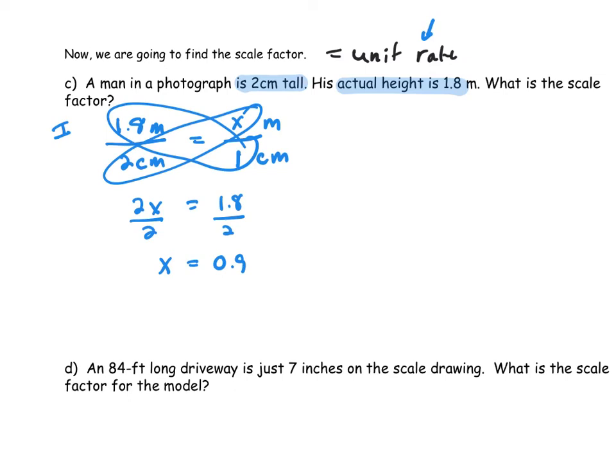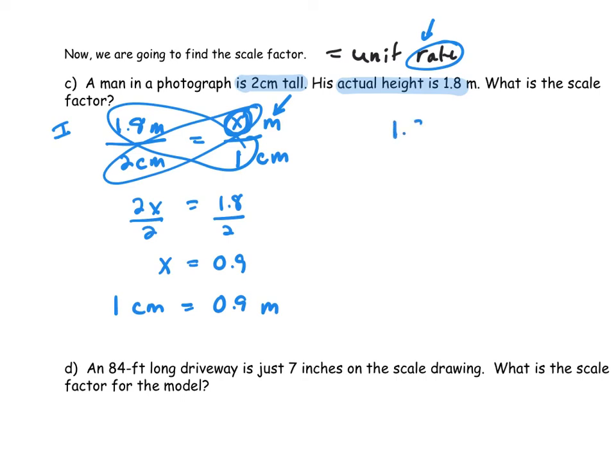Now, the advantage of this, if I look back up here, here's my x, and I know that it's talking about meters. So what this means is that 1 centimeter equals 0 and 9/10 meters. So that's one advantage, is now we have our labels. However, there's a shortcut, and we've used it several times when we talked about the rate on the other two methods.